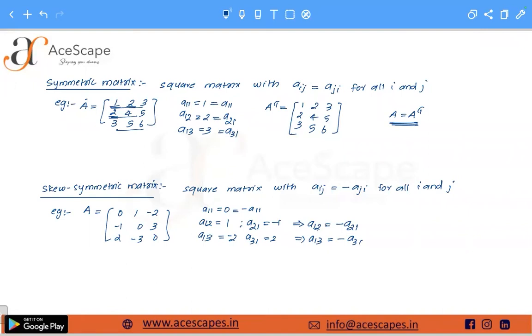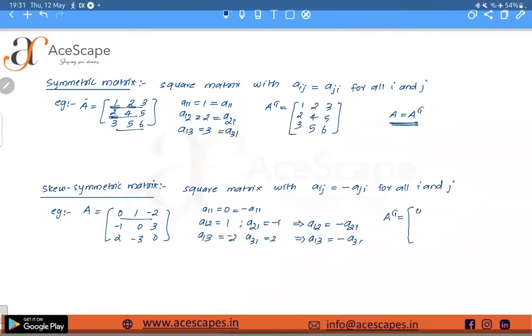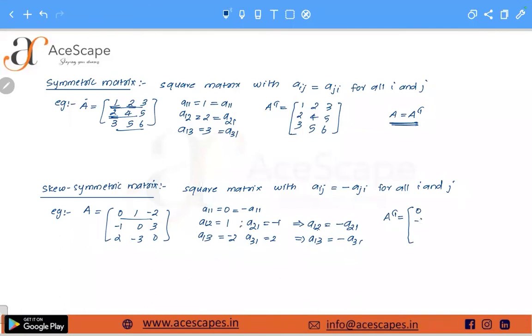And another way to find out whether a matrix is skew symmetric is that, similarly to symmetry, we will find out what is A transpose. When we do the transpose of A, it will become 0, 1, minus 2, minus 1, 0, 3, 2, minus 3, 0.